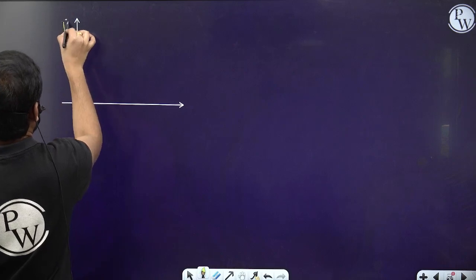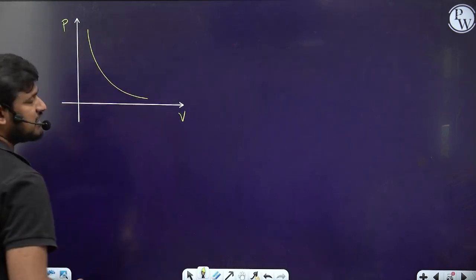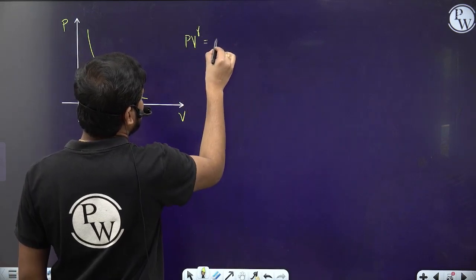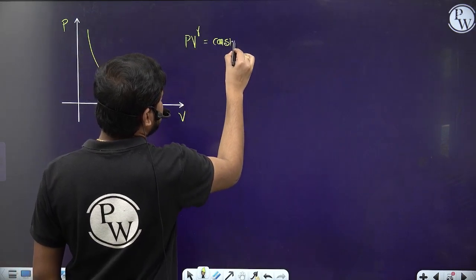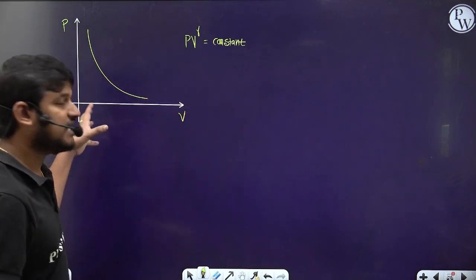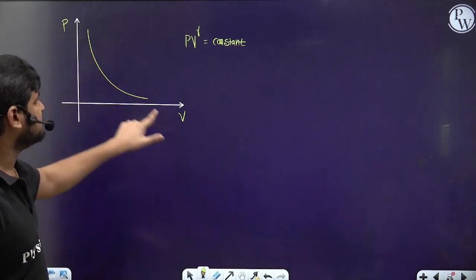So this is the P versus V curve. It is also the same way, but the slope is more. PV to the power gamma is again constant. But for the slope of PV, in the adiabatic process and isothermal process, the PV graphs will be the same.